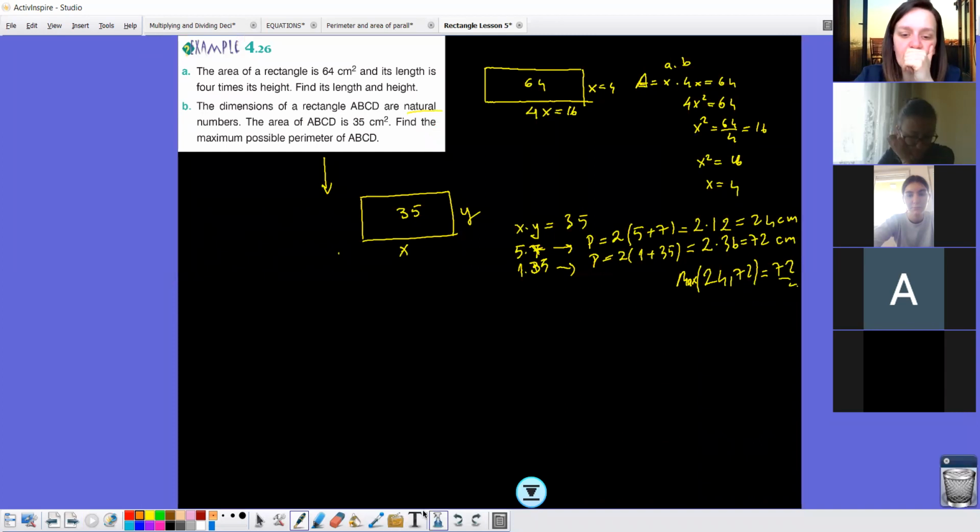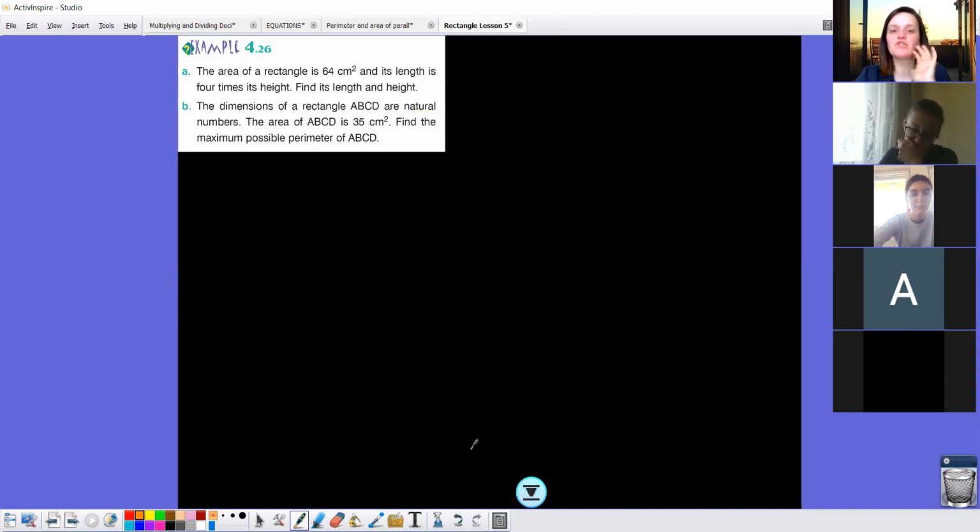Now here we don't have the shapes. We are given information and need to find the answer without shapes, or if you want, you can draw by yourself. The area of a rectangle is 64 centimeters square and its length is 4 times its height. One more time, in a rectangle, this is length and this is height, or width.